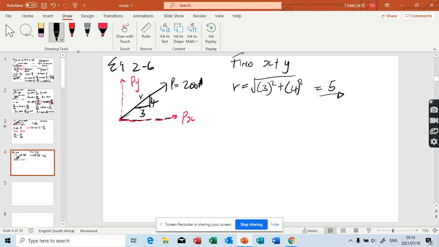So instead of writing r there, let's go back and write 5. Then now let's find Px. We're gonna use cosine. To find Px, what are we gonna do?